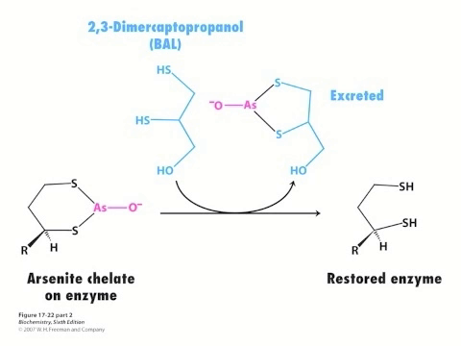To combat that, British soldiers were given 2,3-dimercaptopropanol. This is known as BAL, B-A-L. Now, this small molecule has two sulfhydryl groups of its own and can outcompete the arsenite from dihydrolipoamide. The arsenite chelate of 2,3-dimercaptopropanol can be safely excreted.